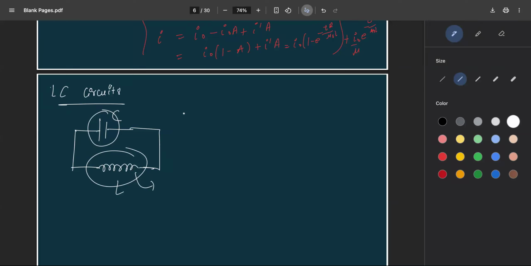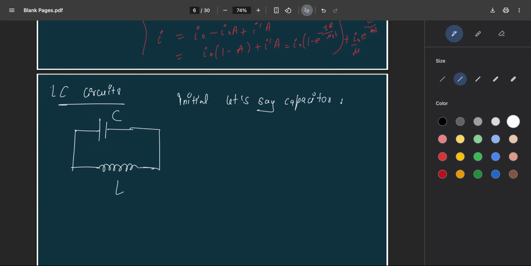So look, assume that initially, let's say, the capacitor is charged with Q. Q is the charge on the capacitor.